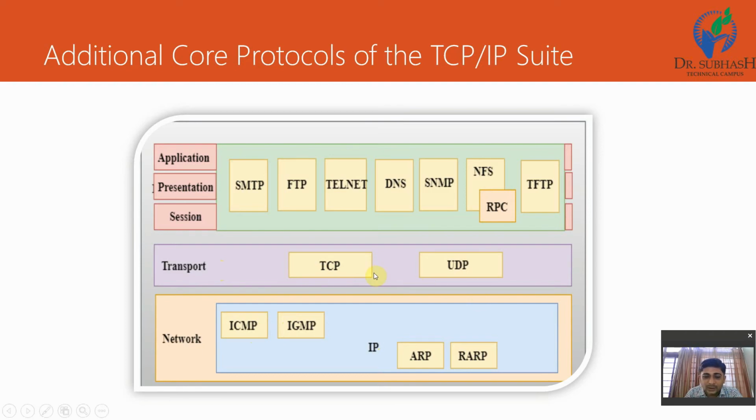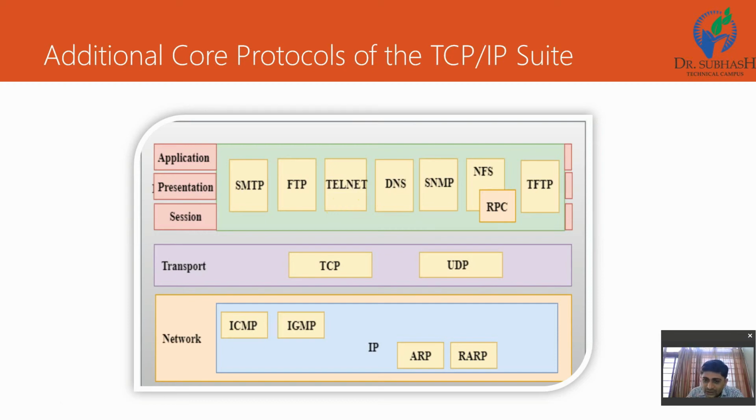Above that, the session layer, presentation layer and application layer, we have different types of protocols: SMTP, Simple Mail Transfer Protocol, FTP, File Transfer Protocol, Telnet, which if you want to abbreviate is Terminal Network, and DNS, Domain Name System.